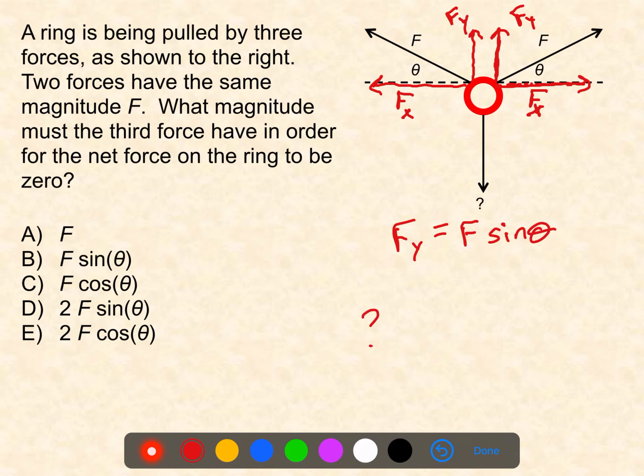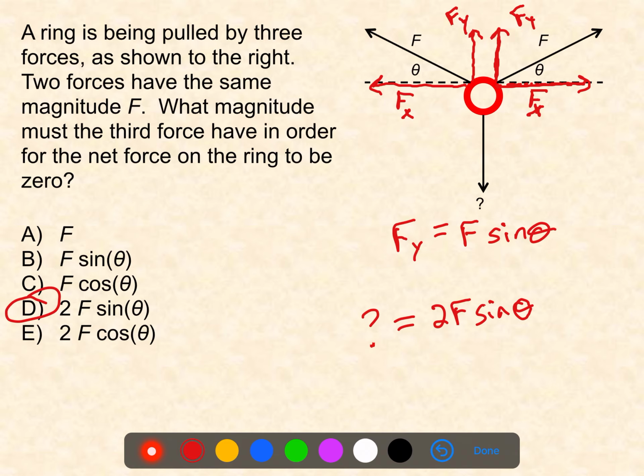So that means that the magnitude of the vector in the down direction, if I want to cancel that in the up direction, then I just basically need double of that, 2F sine theta, which corresponds to choice D. Okay, so without even going into Newton's laws, you can see how we can think about forces as vectors. We're not doing anything necessarily different in terms of vector components and vector addition.